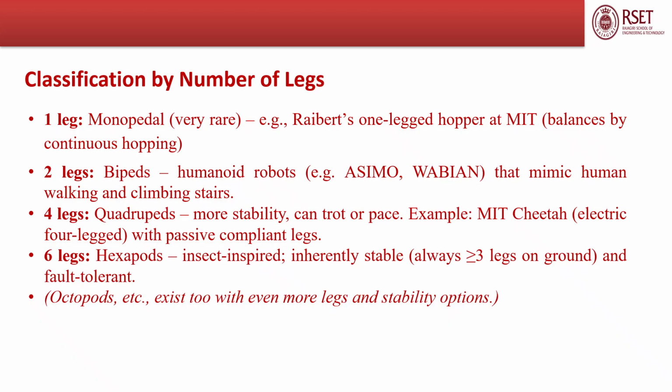Another example is the Sony Aibo robotic dog, a four-legged quadruped robot.